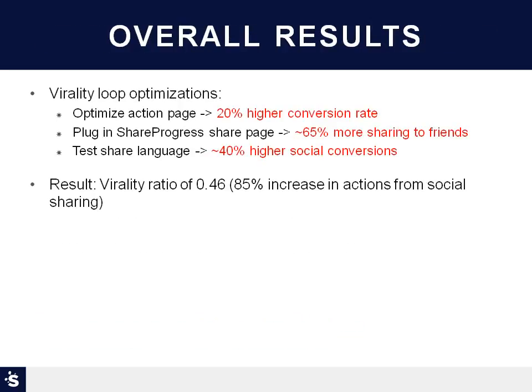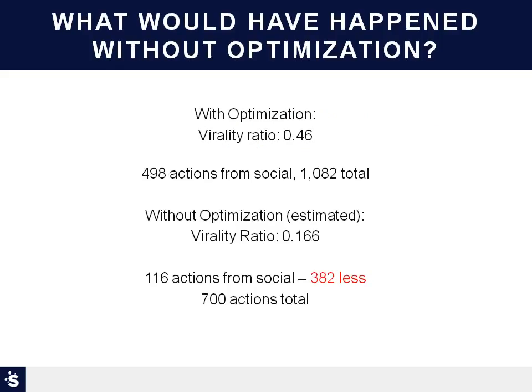So what happened overall? Again, Peers made a point of trying to improve things at all three steps of the viral process. And what they ended up with was this virality ratio of 0.46, which was that 85% increase in actions. Now, if they hadn't had all those increases, we can look at what might have happened otherwise.